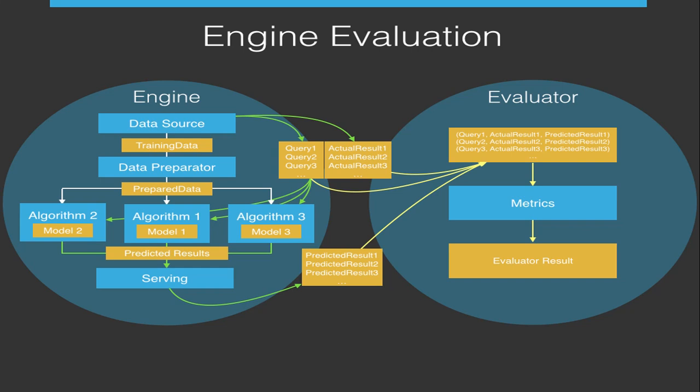The evaluator takes query 1, actual result 1, predicted result 1; query 2, actual result 2, predicted result 2; query 3, actual result 3, predicted result 3. Matrix, evaluator results.